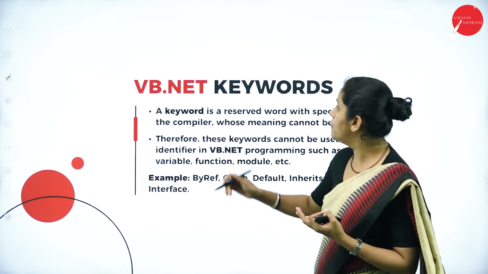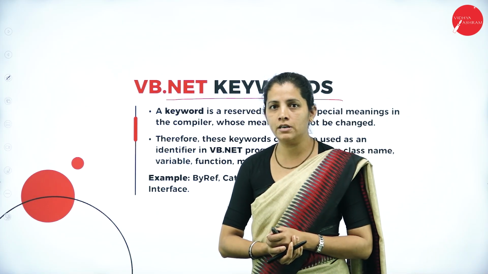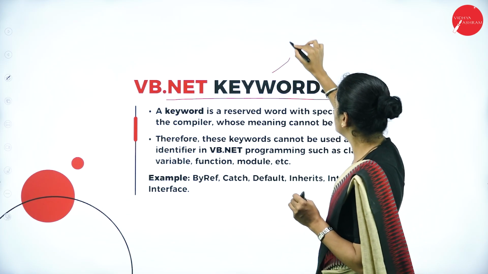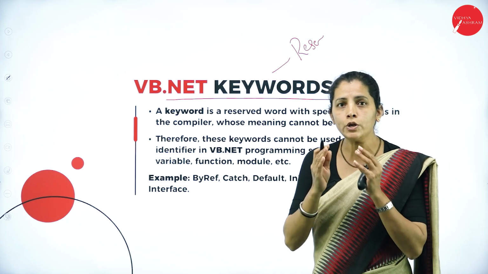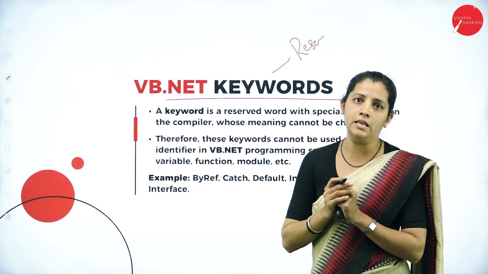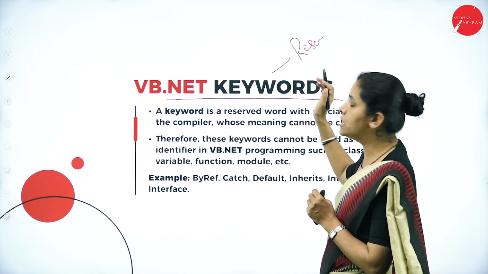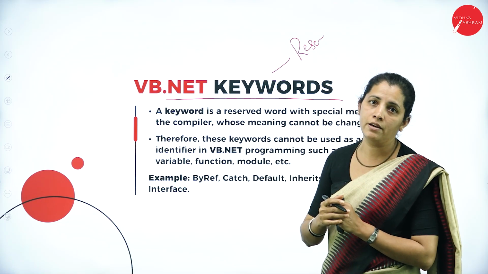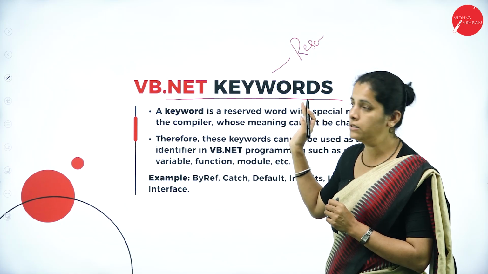In that, the first one is the keyword. So what is a keyword? You have to remember that keywords are nothing but reserved words. In the sense that they have a specific meaning, and I'm not able to change the meaning of the keywords, and the meaning is known to the compiler.